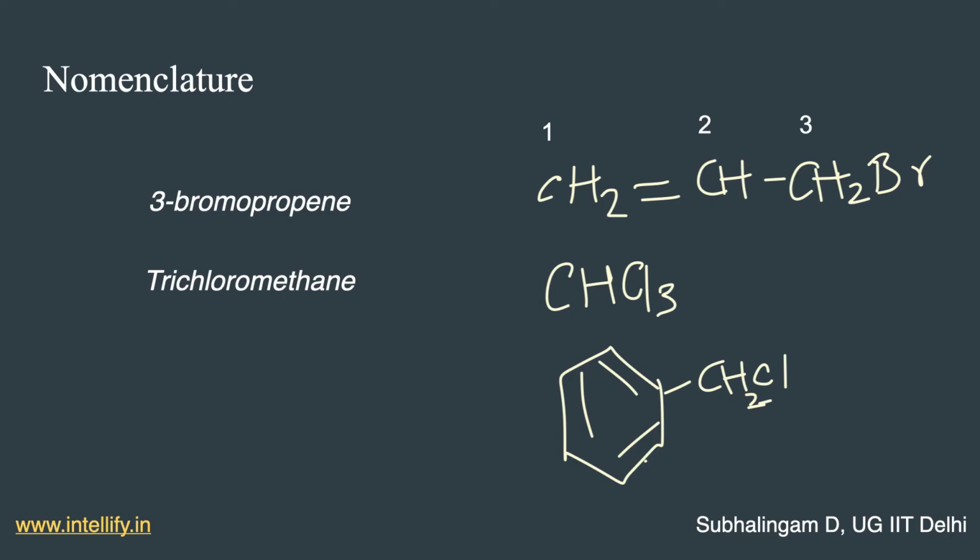So we have the name, or let's look at the numbering, that is trivial one, and we name it as chlorophenylmethane, or you can also say it as 1-chloro-1-phenylmethane, but the 1 is not required because there is no confusion even if you drop the 1.